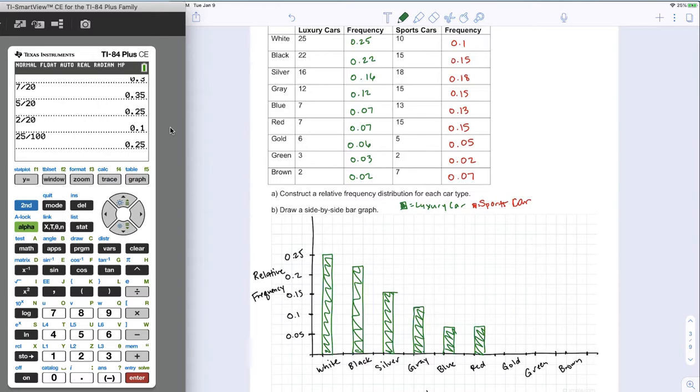Luxury car gold, a little bit shorter, 0.06. Luxury car green, 0.03. So almost up to the 0.05, not quite. And then brown, 0.02. So very small bar here.